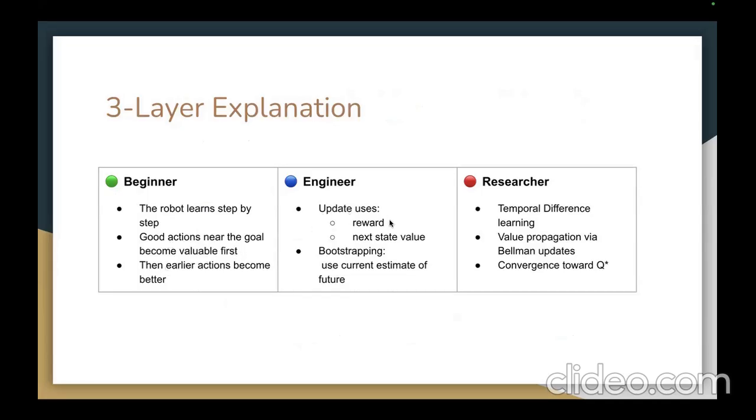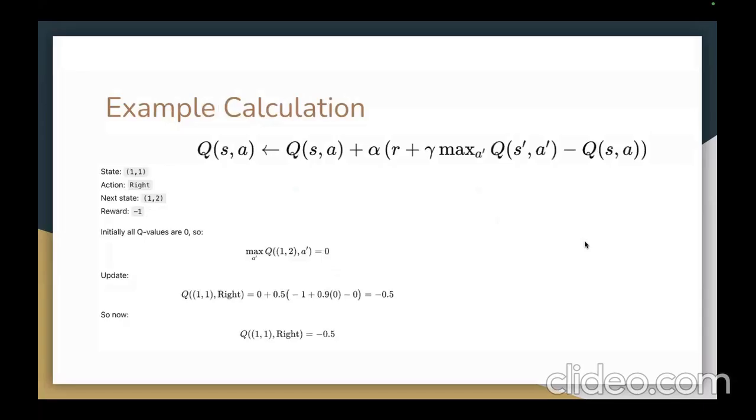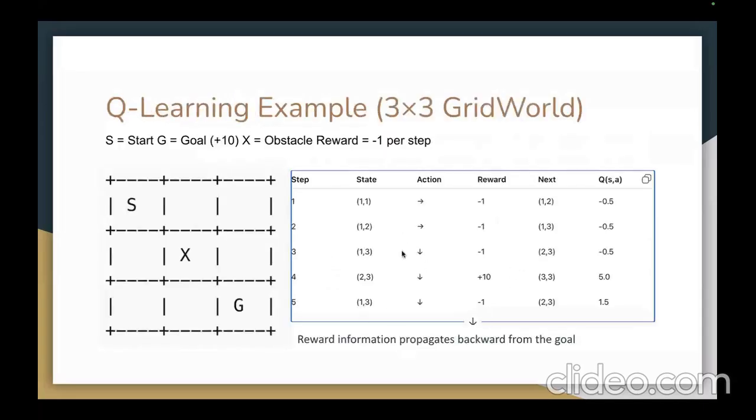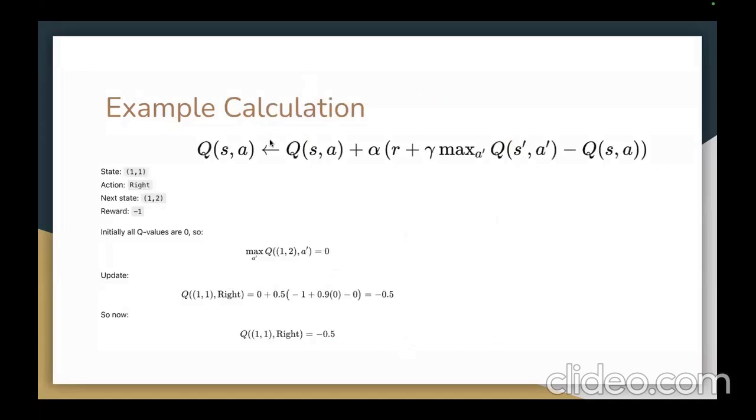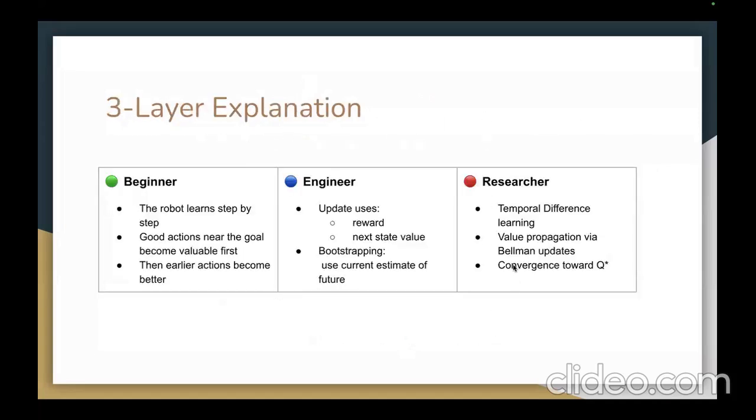Basically, we update using the immediate reward and also the next state value. This is what we call bootstrapping, using the current estimate of the future to update the current state. Finally, we call this temporal difference learning, or TD learning. You can also call it value propagation via environment updates, because as we go along the trajectory, we are propagating values to the previous states. And hopefully it converges towards the Q star that we wanted.